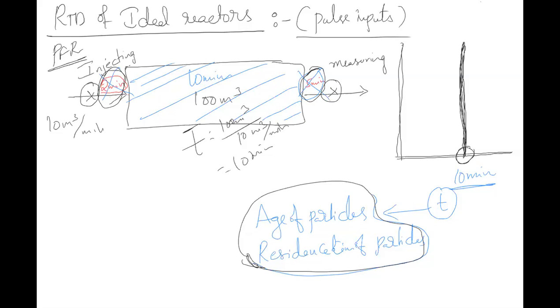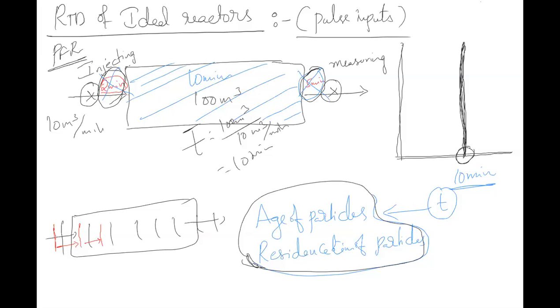So in a PFR, suppose you are sending planes and planes are coming in. Planes are going into the reactor, planes are coming out of the reactor. Suddenly you injected a plane of red molecules. That plane of red molecules will travel like this, and like this.